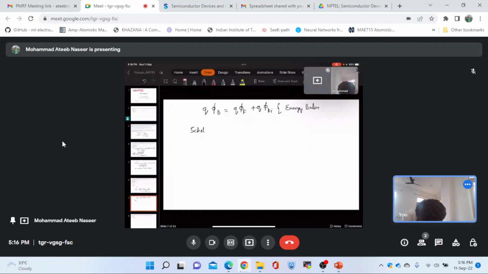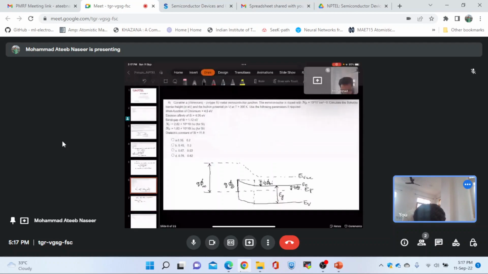This Schottky barrier height, qφB, will simply be given by qφM minus χS. Now let us check the values for these. qφM is 4.5 and the electron affinity is 4.05.